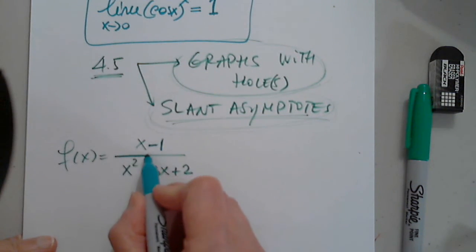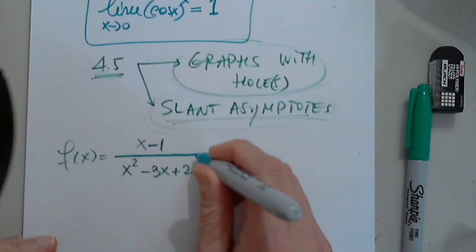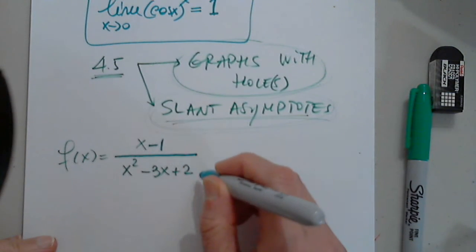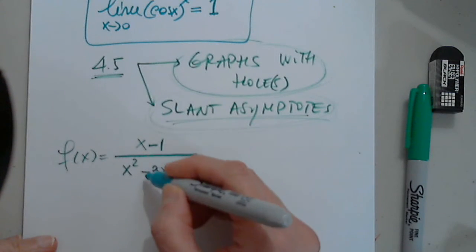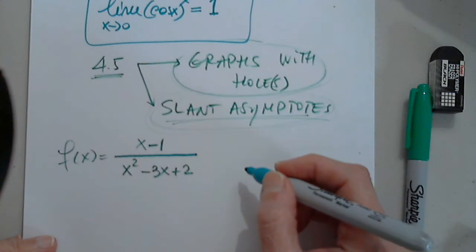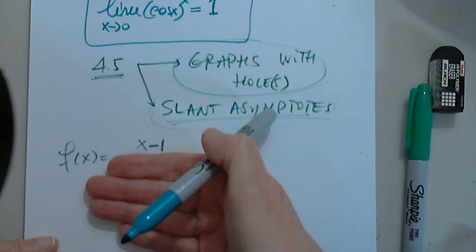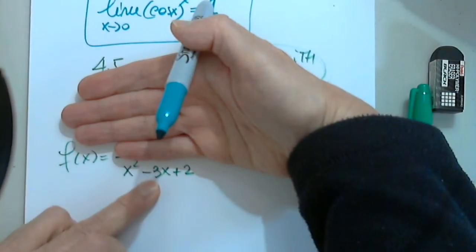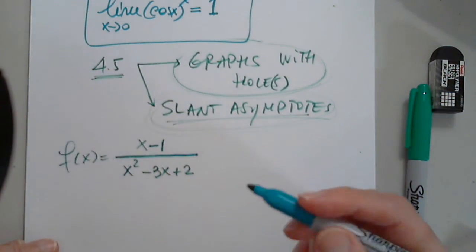But when you read it, you will say x minus 1 over x squared minus 3x plus 2. No polynomial has a ratio of functions, right? So if you say this, yes. If you say this, yes. But a ratio of two polynomials is a different function.